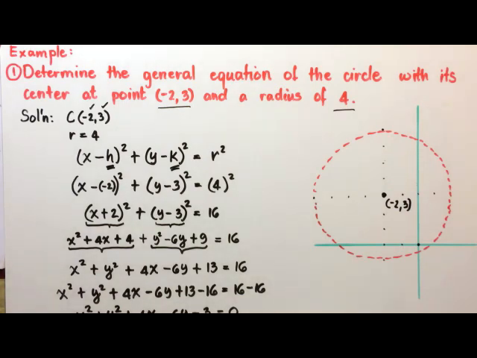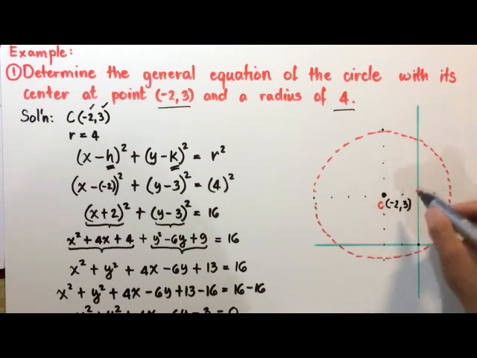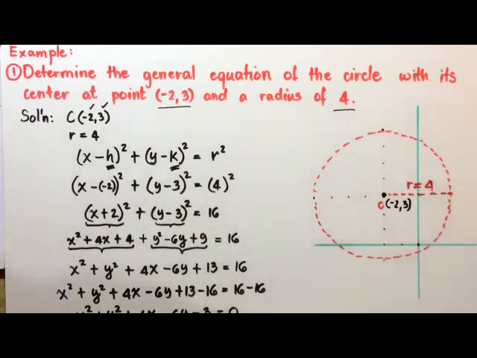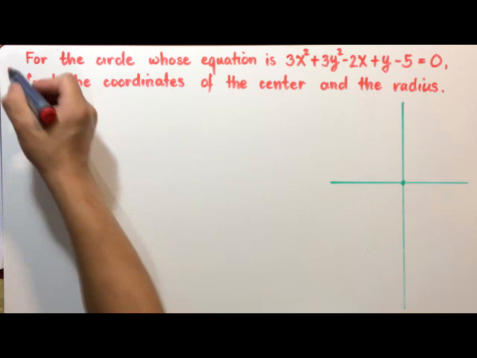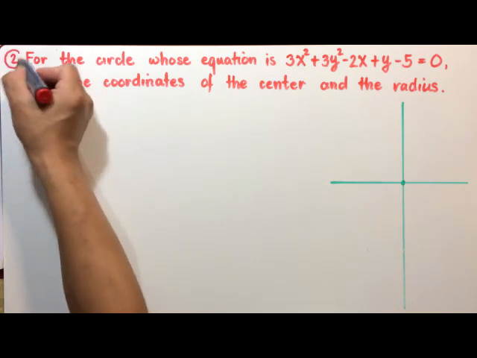So this is the graph of the circle whose center is at the point negative 2, 3. So this is the center, and it has a radius of 4. And that's it. Now let's proceed to the second problem. So this is my number 2 problem.